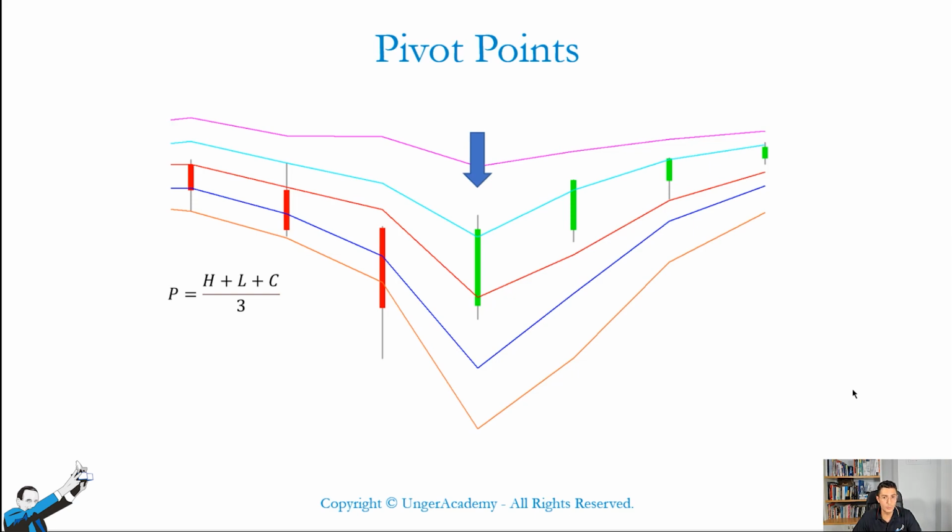In particular, we'll need the high of the day before, the low of the day before, and also the close of the day before. As we can see in this bar, the high is set here at this point, the low of the previous bar is this one, and here we have also the close of yesterday.